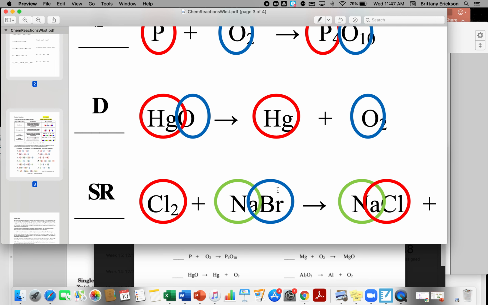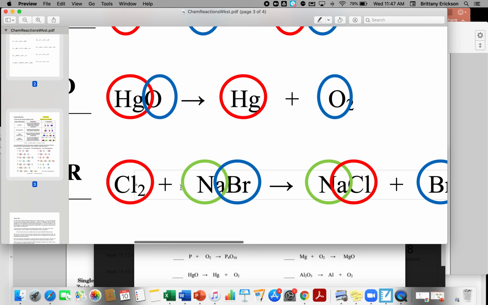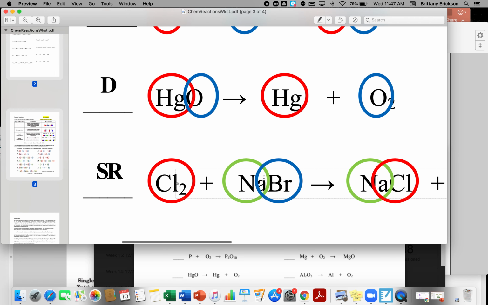But anyways, you're just showing the color code. Okay, so if you have green as sodium, then green better be sodium on the product side. But you're just showing how, in this case, red swaps places with blue. So red was by itself on this side, and then on the product side, blue is now by itself. So that's a single replacement. So that's the assignment. Notes. Let me know if you have any questions.